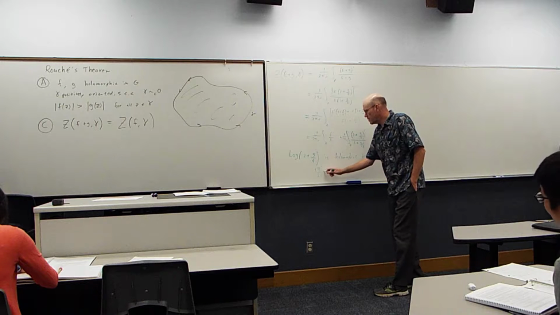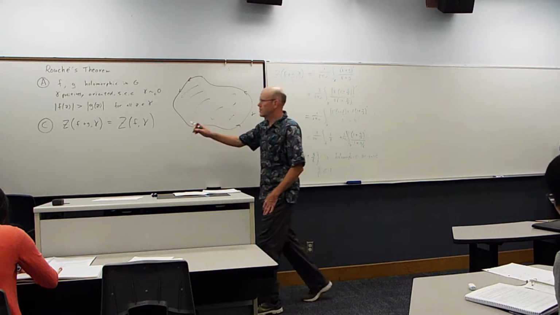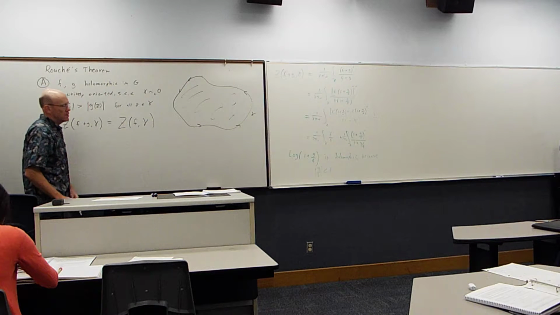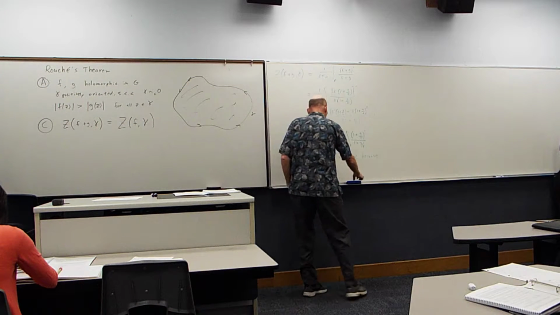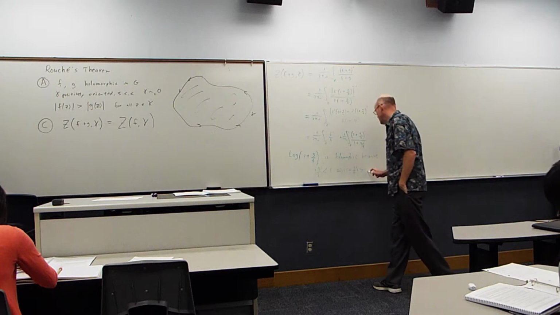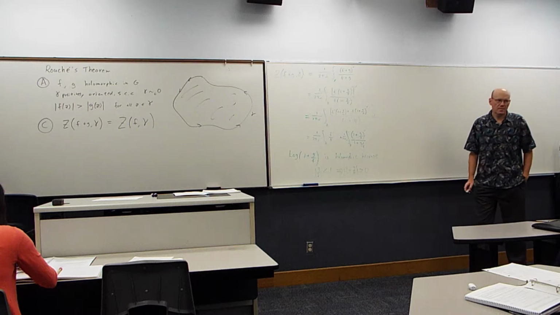So that's less than 1 right here because of this. The g over f is less than 1. So that means that 1 plus g over f is greater than 0. Okay, stays away from 0.